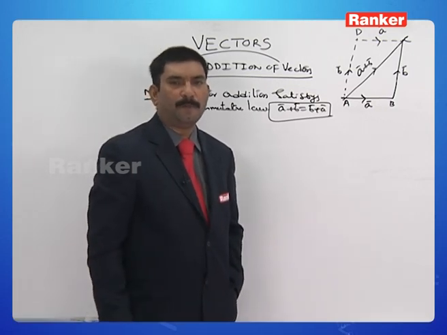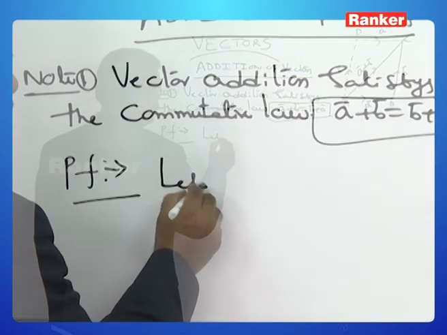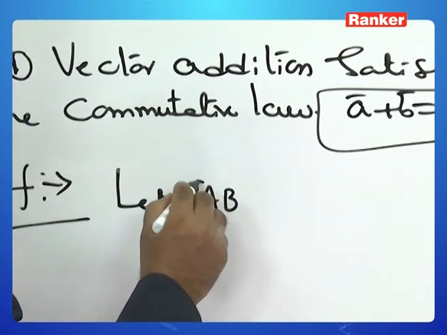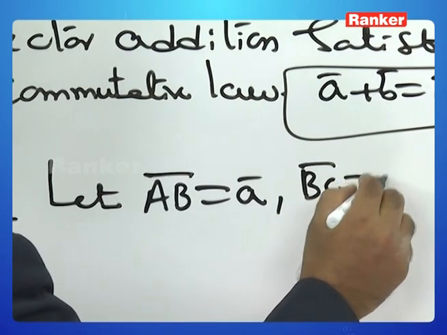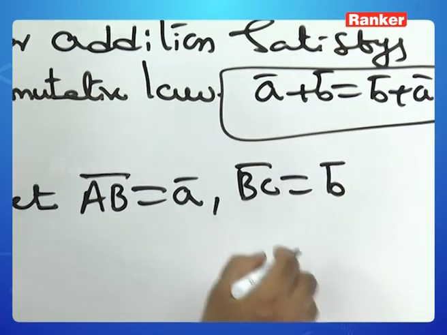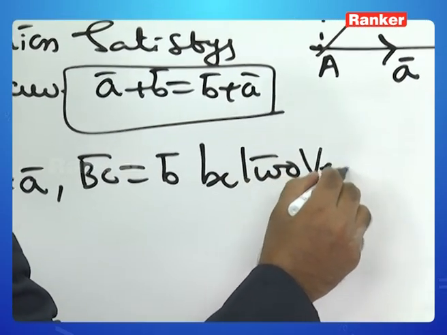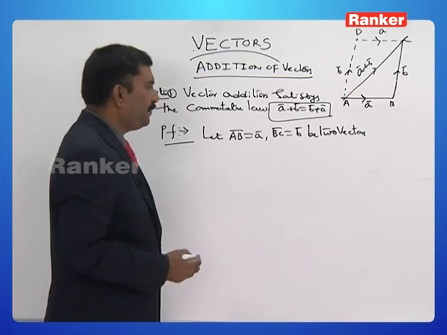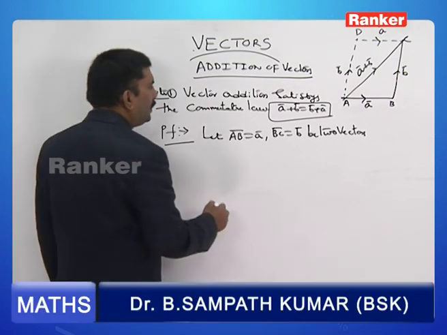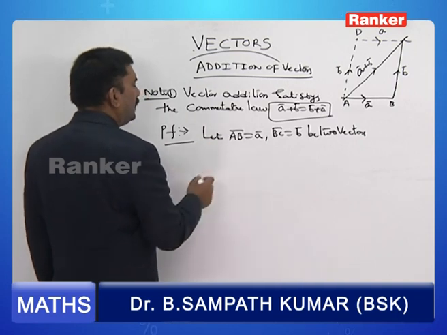Commutative law. So therefore, now let AB bar be equal to A bar, BC bar be equal to B bar, be 2 vectors. Now from the figure you can very well observe. Now look here.